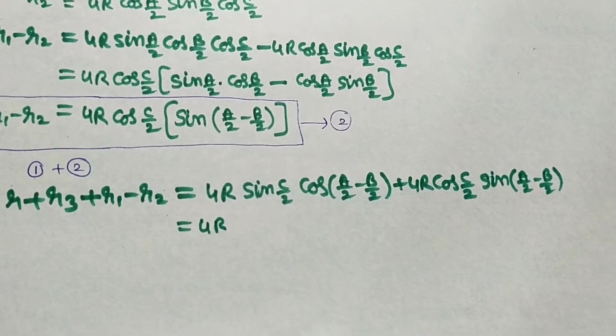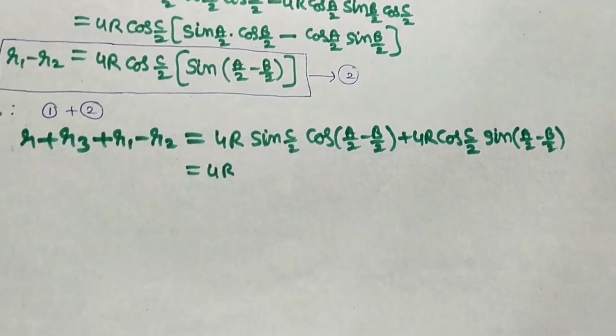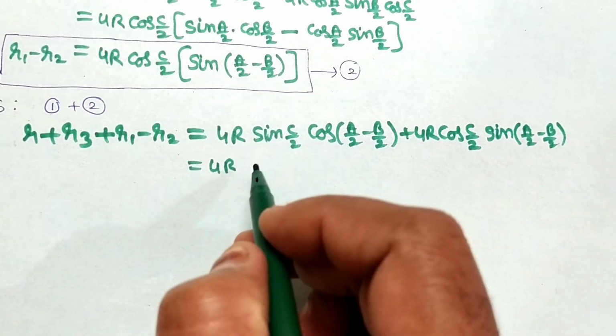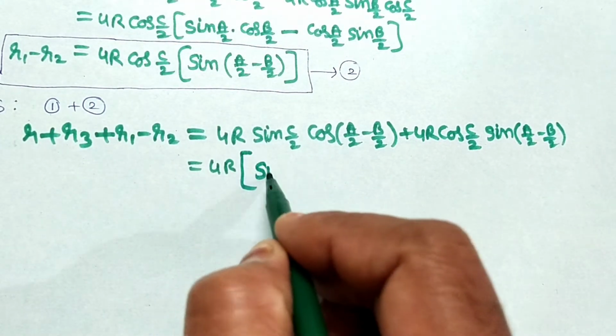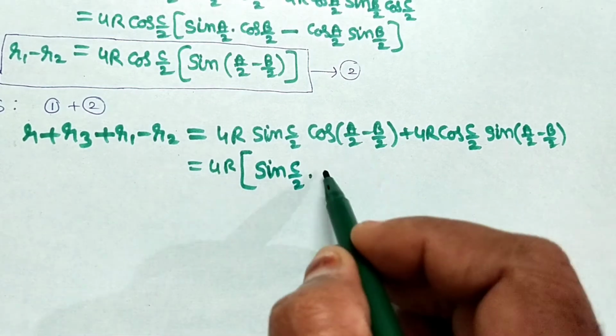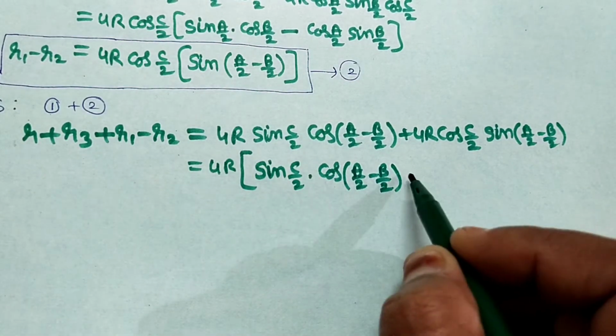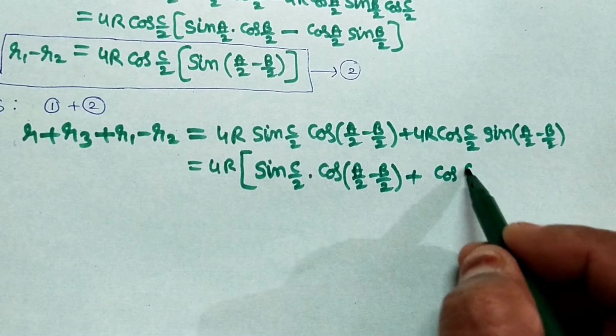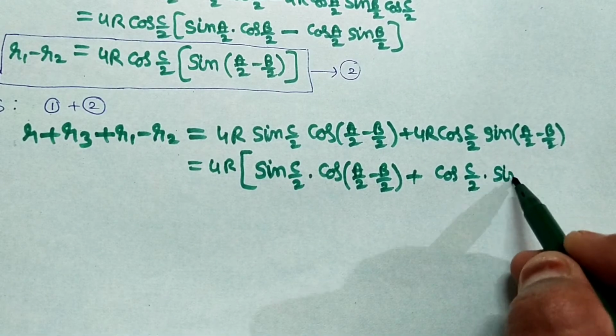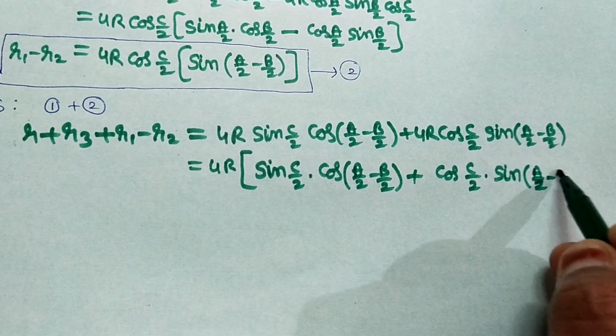I think everything is clear now. 4R taken common, sin C by 2 into cos of (A by 2 minus B by 2) plus cos C by 2 sin of (A by 2 minus B by 2).